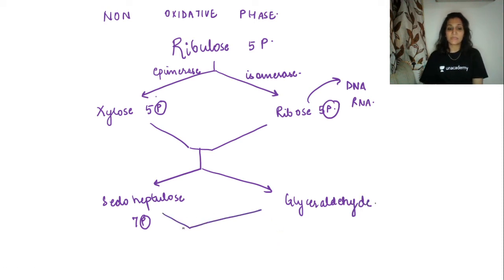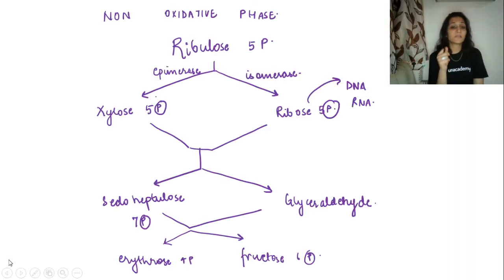And these are going to give rise to other products, that is erythrose 4-phosphate and fructose 6-phosphate.